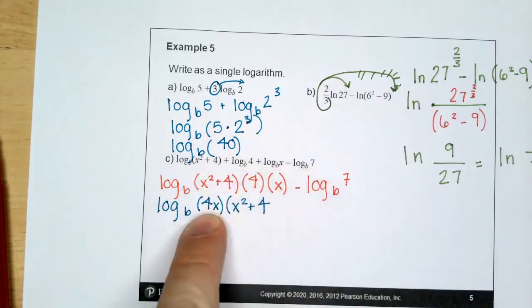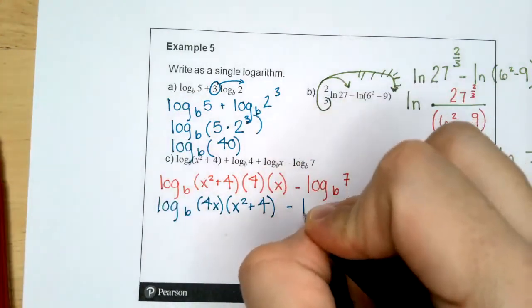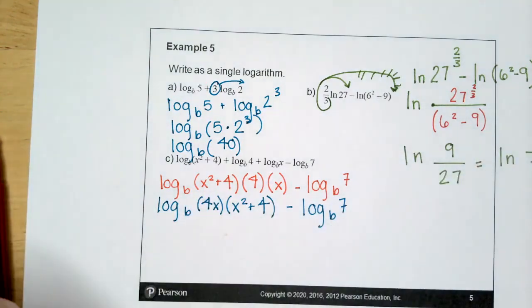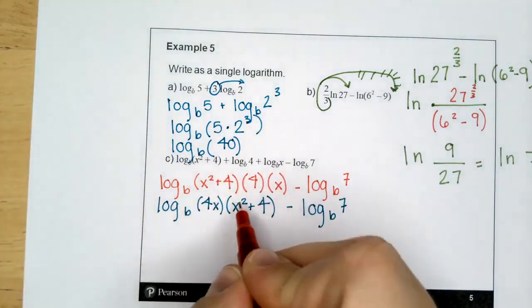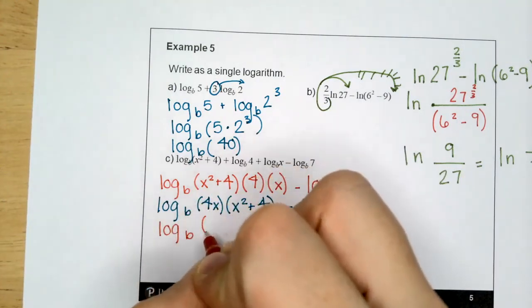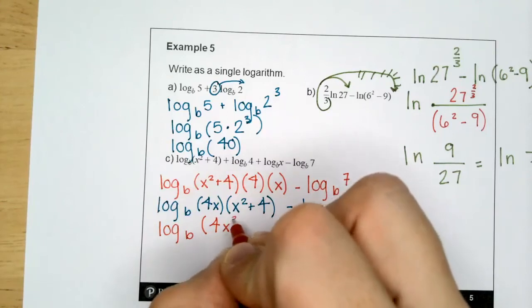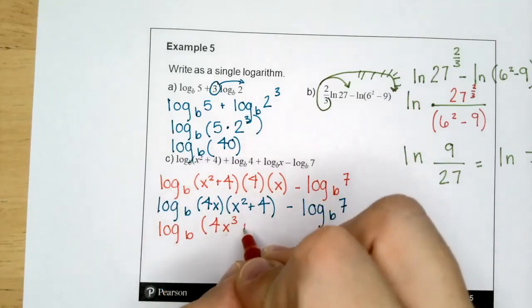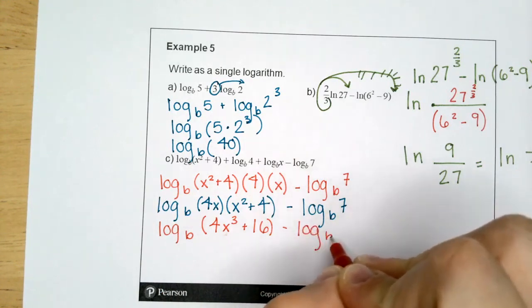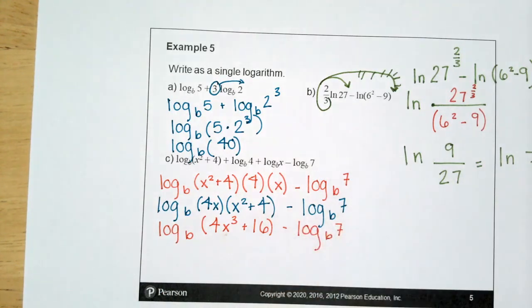So I combine these two, put them in front, minus log base b of 7. Now I'm going to distribute that 4x. 4x times x squared becomes 4x to the third. 4x times a positive 4 becomes 16. And that's still log base b of 7.